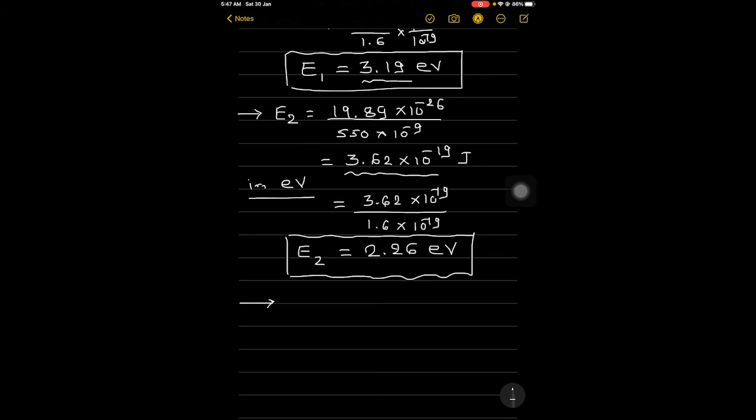And now we will go for the red color, that is lambda 3 of 760 nanometer.